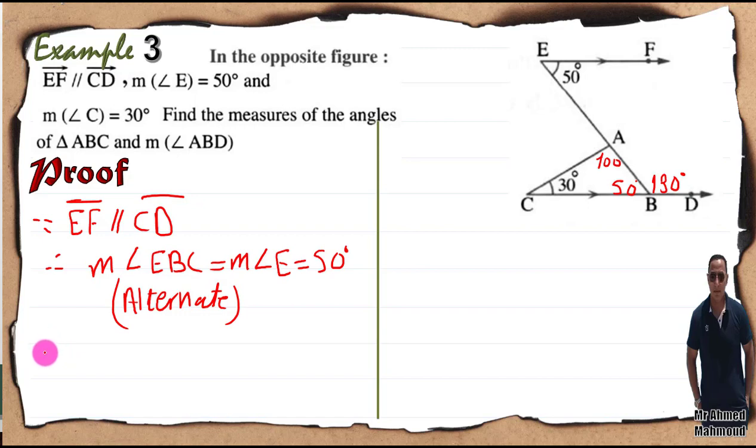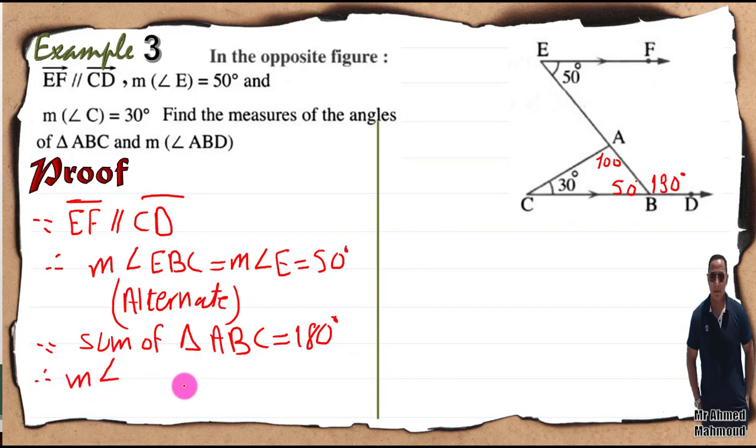Okay, and since the sum of interior angles of triangle ABC equals 180 degrees, therefore measure of angle BAC equals 180 minus (50 plus 30) equals 100 degrees.